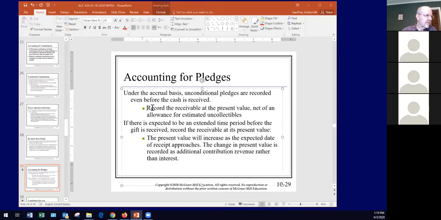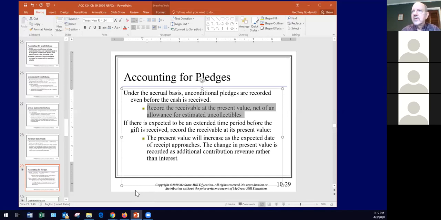Now, this means that if people make pledges to pay money to, let's say, Belhaven University, and when they make the pledge, Belhaven records it as revenue, even though they haven't gotten a check yet.